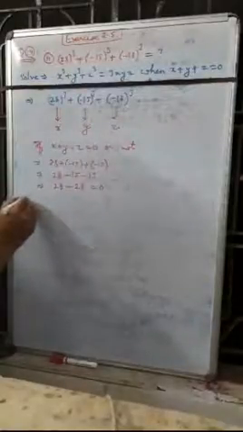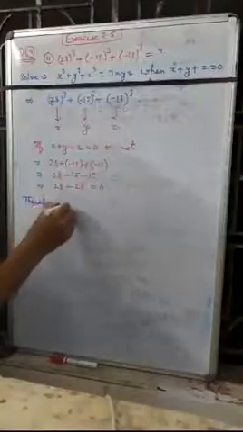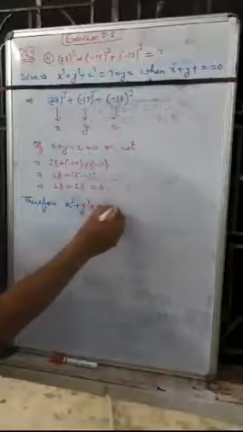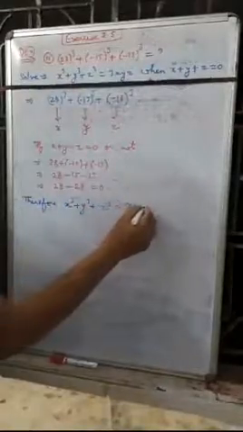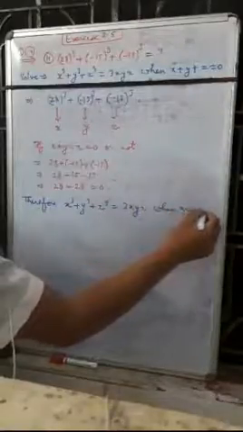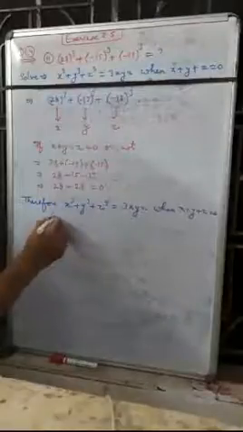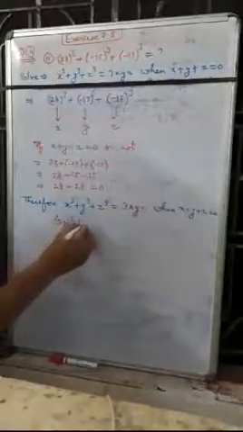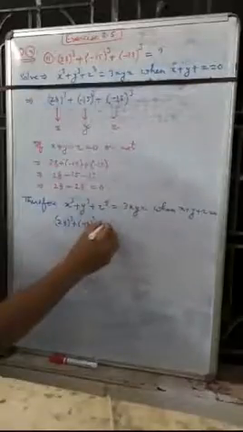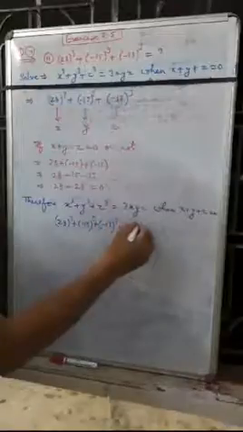Therefore we can say x cube plus y cube plus z cube is equal to 3xyz when x plus y plus z is equal to 0. So put the values here: 28 whole cube plus minus 15 whole cube plus minus 13 whole cube is equal to 3 into 28 into minus 15 into minus 13.